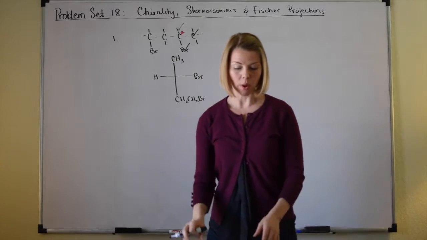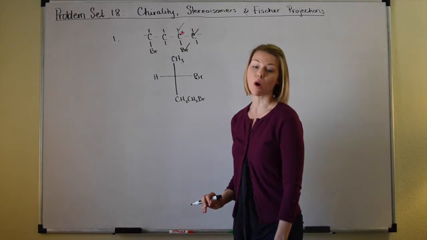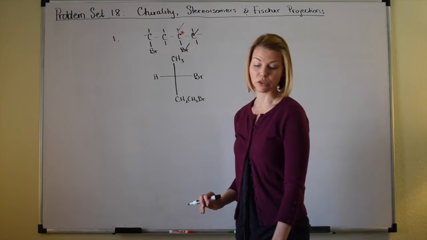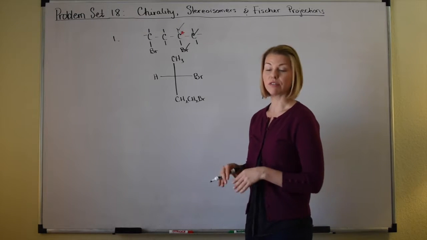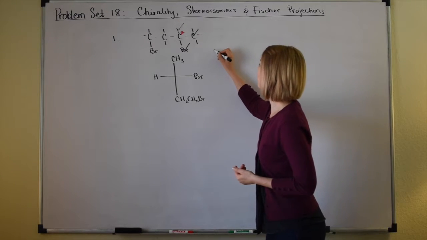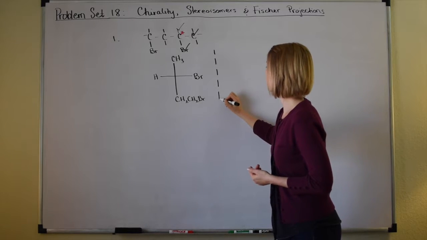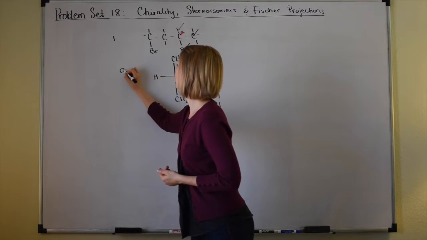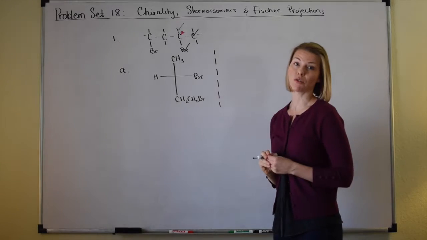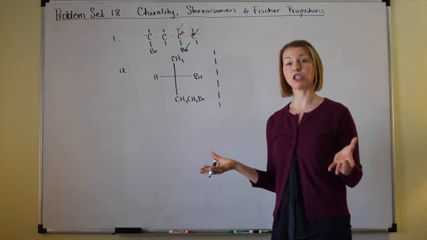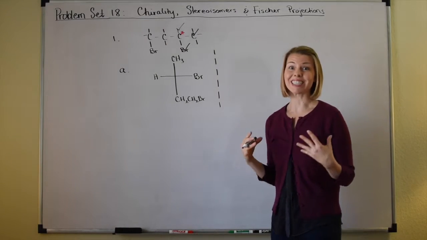All right. So A says to draw the mirror image molecule just to the right of your first drawing. So I'm going to put my mirror here, and this is part A, to draw the mirror image form. Because we drew this in a Fischer projection, that's nice and easy to do.